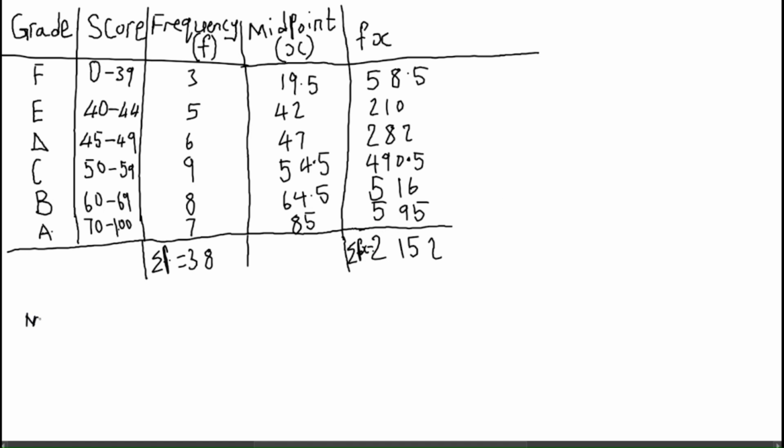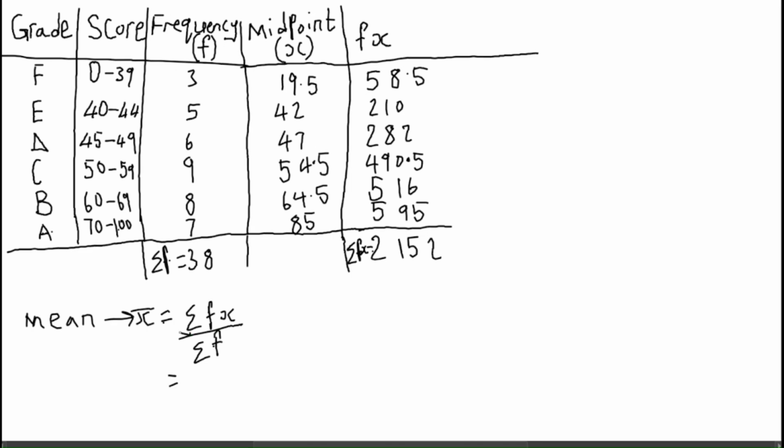So now we can calculate the mean, which is the sum of f times x divided by the sum of f. That is, we're going to have 2152 divided by the total frequency, which is 38.